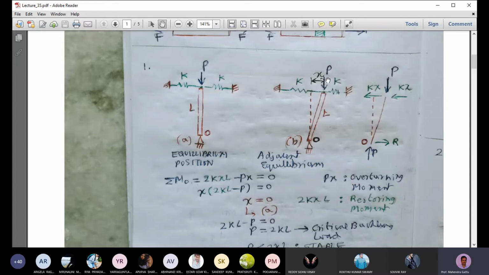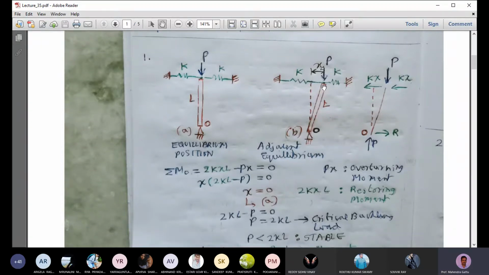We want to find the relation between P and the geometry. To do that, we draw the free body diagram for this column in the deformed configuration. At this point there is a spring force pulling in the leftward direction, and the other spring will push this point also in the leftward direction.